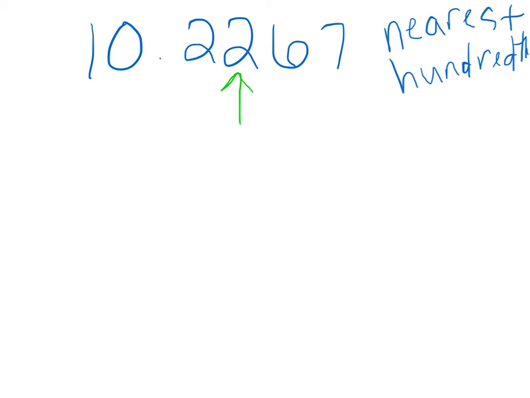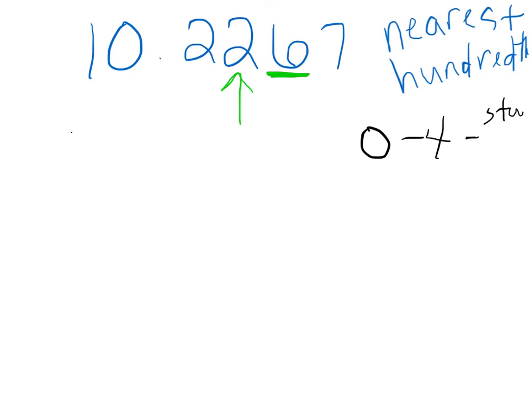Tenths, hundredths. Okay? In order to round to the hundredths place, I need to look at this digit right here to the right. And I'm going to say to myself, okay, so if I have 6 groups here, is that enough groups to round this hundredths place up to another group of tens? And my rule of thumb is, if I have from 0 to 4 groups, our number is going to stay the same.